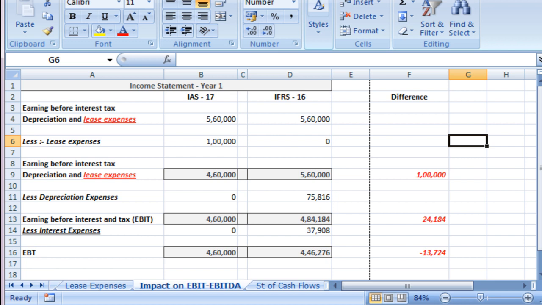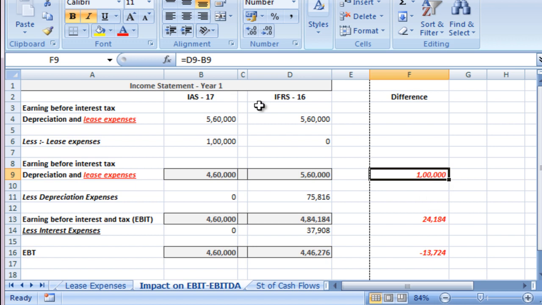So my first objective here is that there will be an increase in EBITDA if we are applying IFRS 16, because I need to book a lease expense under IAS 17, and there's no concept of lease expenses in IFRS 16. So technically there's an increase to the tune of 1 lakh in this current scenario through the introduction of IFRS 16.